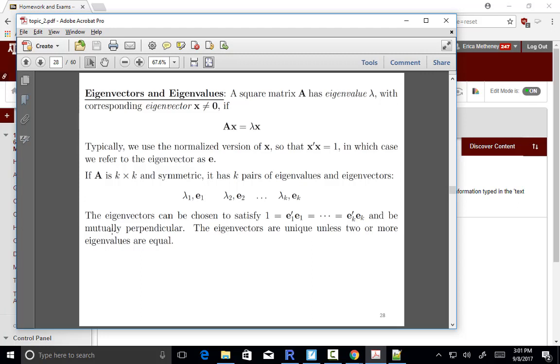My plan for today is to finish up topic 2 for us. I think where we left off was right around here. This is topic 2.pdf, slide 28. We've talked about what vectors and matrices are.